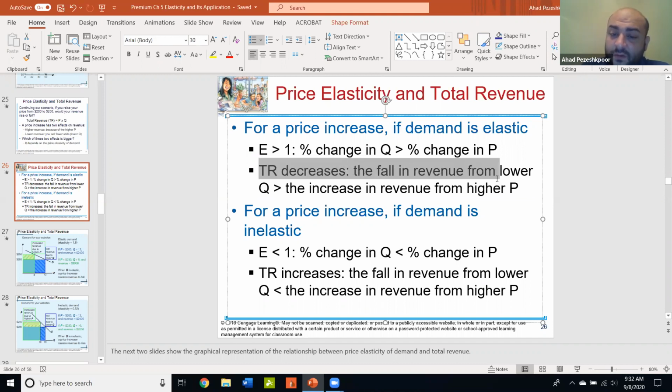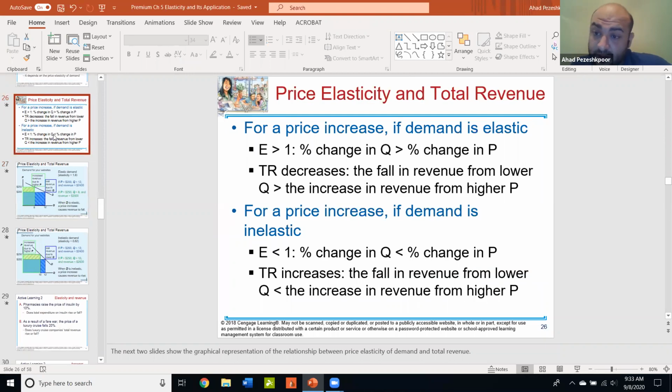The fall in revenue from lower quantity would be bigger than the increase in revenue from higher prices. For a price increase, if demand is inelastic, which means the percentage change in quantity is smaller than the percentage change in price, rising prices will increase the revenues of the producer because the effect of increasing prices is bigger than the effect of quantity going down.